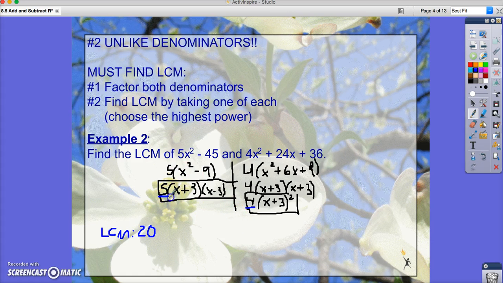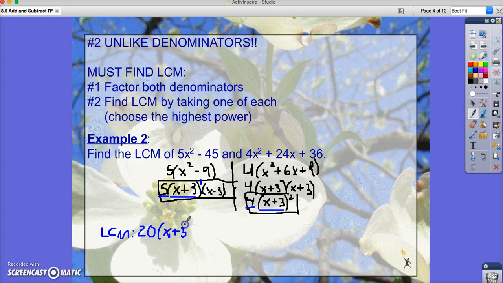Now, I have an x plus 3 here, and I have an x plus 3 here. Well, this one is related to the first power, right? So if I have a first power and a second power, which one am I going to go with? Hopefully you know it's the second. Why? Because it says choose the highest power. So we're going to say x plus 3 squared. Now, we always include everything.